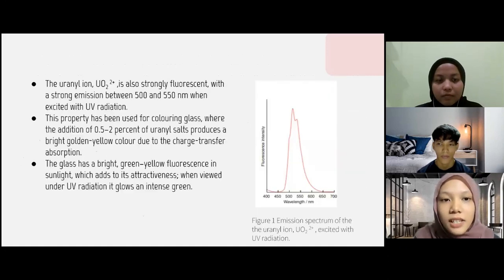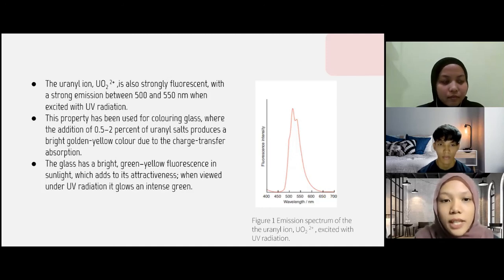The uranyl ion is also strongly fluorescent, with a strong emission between 500 and 515 nanometers when excited with UV radiation. So as you can see, figure 1 shows the emission spectrum of the uranyl ion excited with UV radiation.